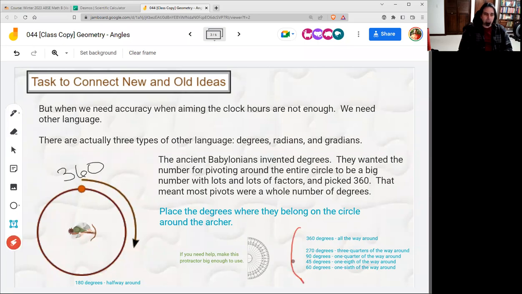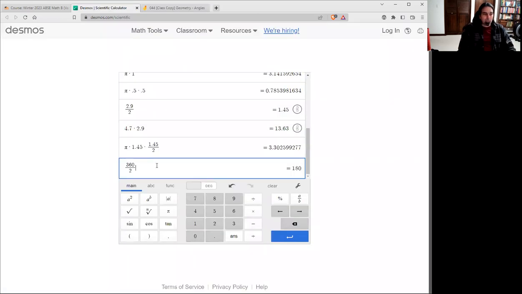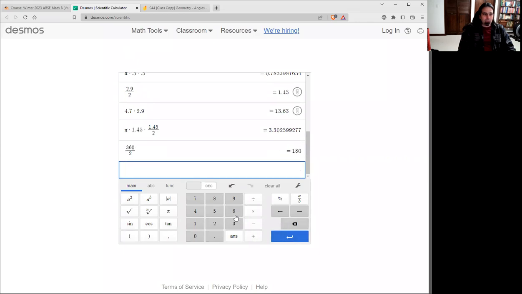Grab the answer from over here and pull it onto our circle. We can do it on the calculator too. Let's take the 360. Oops.